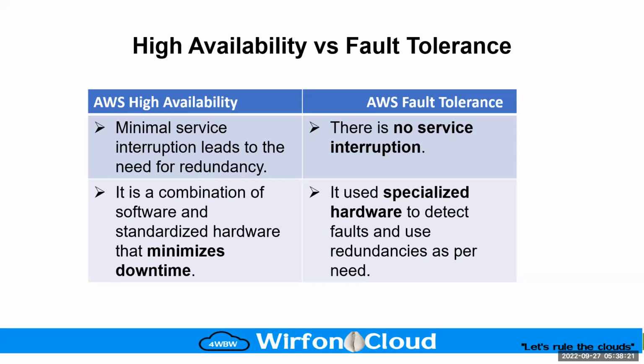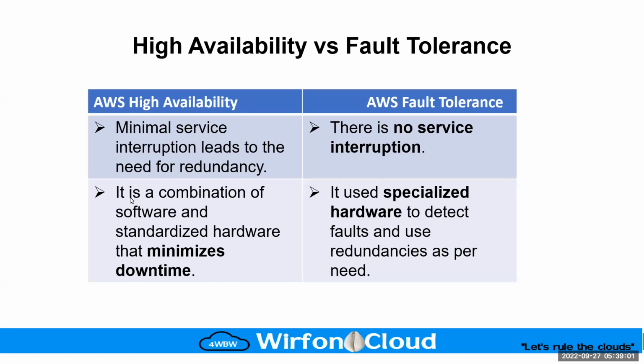Going back to the plane, if there's a bad engine, the plane should not have to stop for you to repair it. It should still be able to land successfully, maybe at the nearest airport, without any problem with the system. But with high availability, there is some level of service interruption, but it should be for a short period of time. It shouldn't be that long.